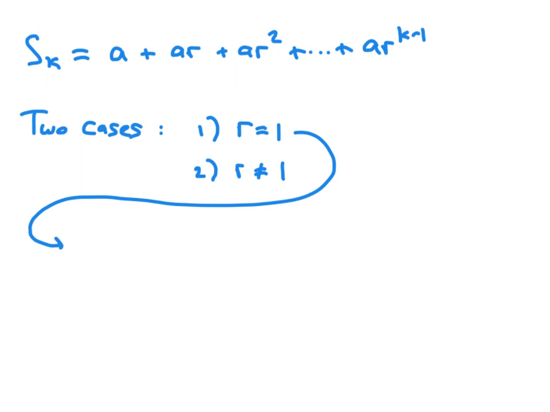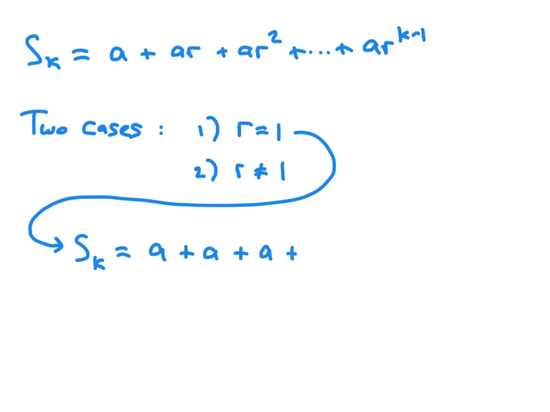And so if r is equal to 1, we can rewrite our partial sum by replacing r with 1, and we simply get a plus a times r, which is just a times 1, or a, plus a times r squared, which is a times 1 squared, which is again a.